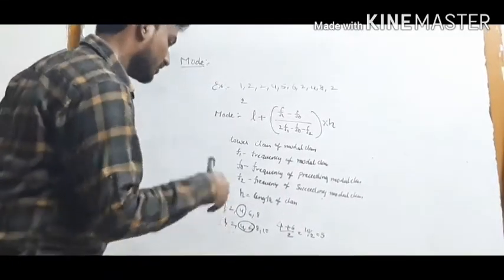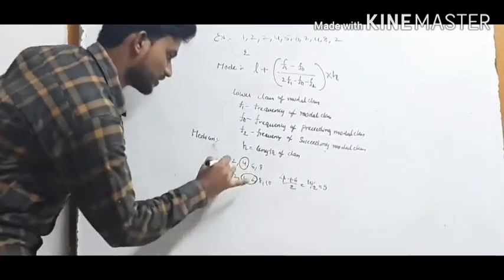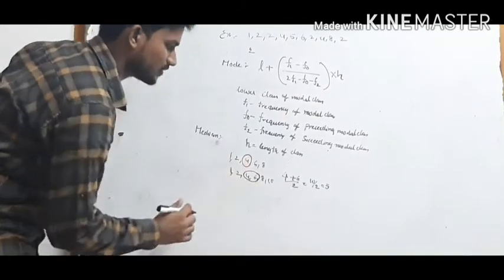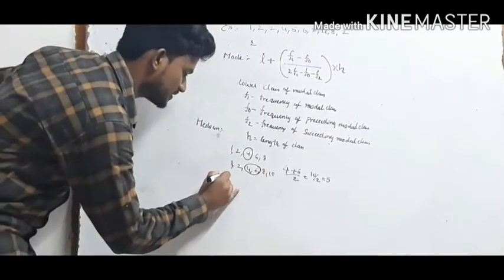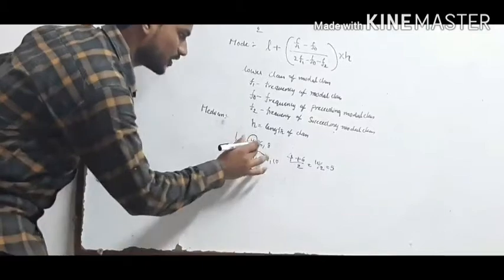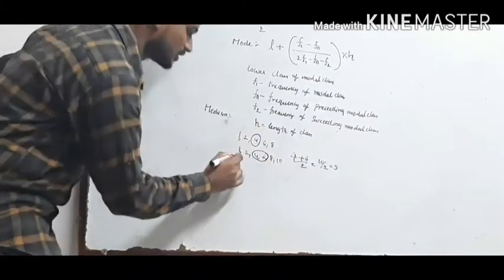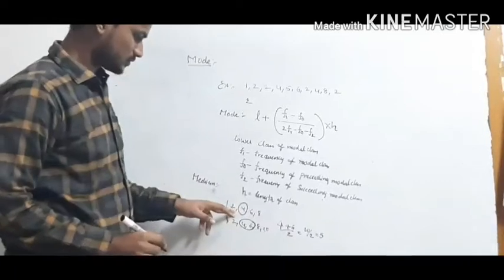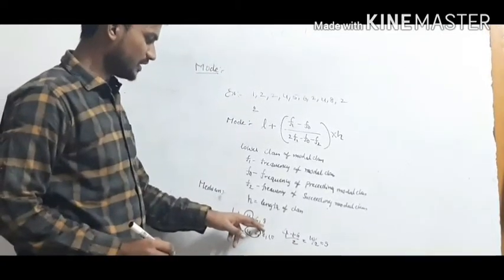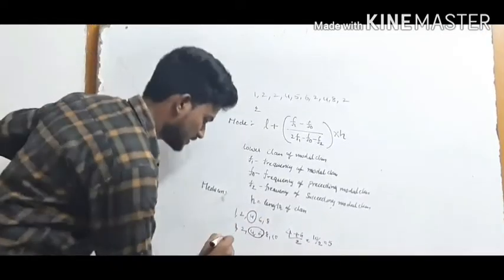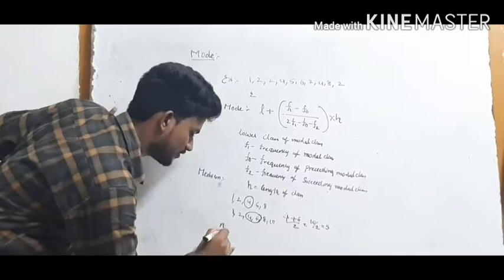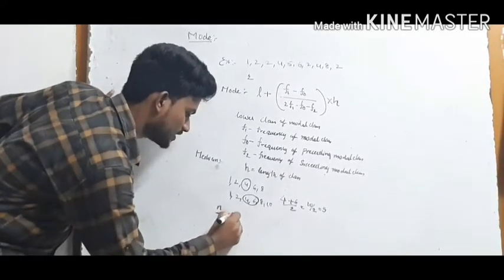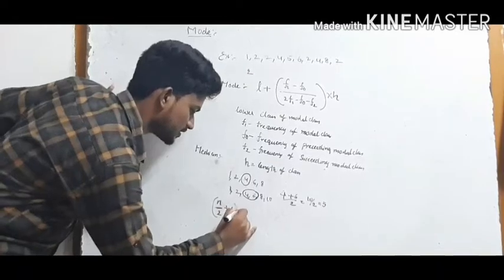So we have a formula for this. For an odd number of observations, 5 plus 1 by 2, that is, the n plus 1 by 2 observation, or n by 2 plus 1 observation.